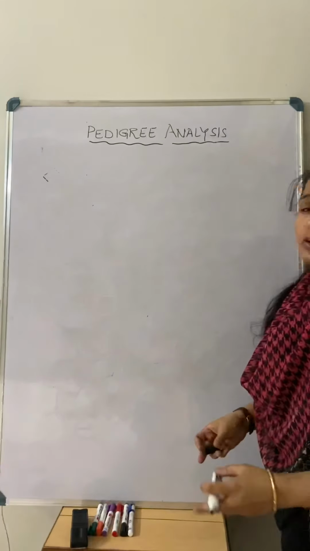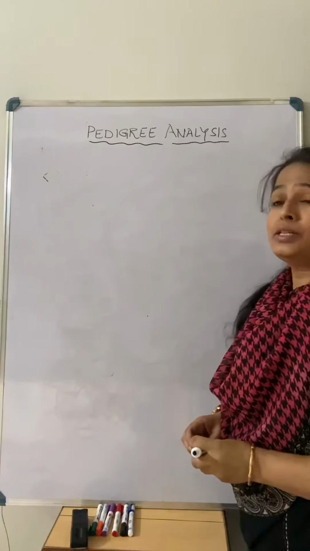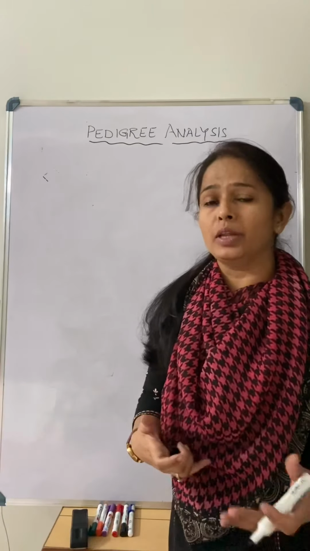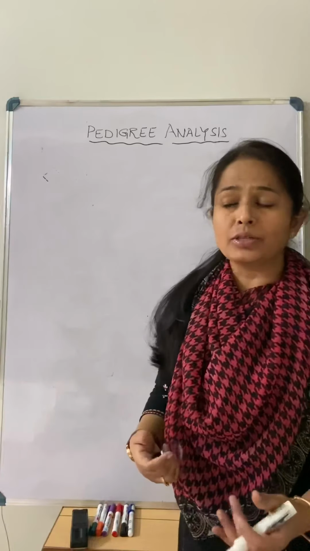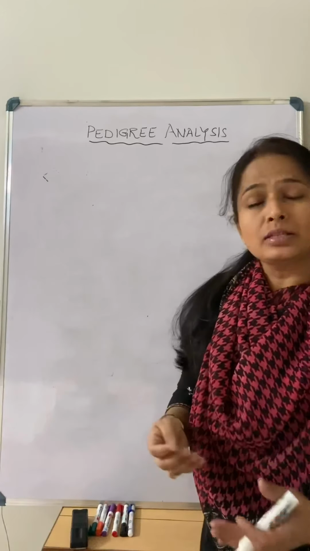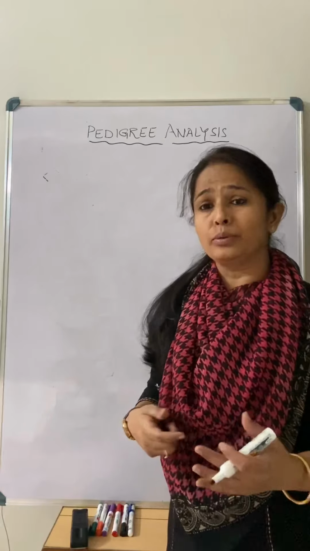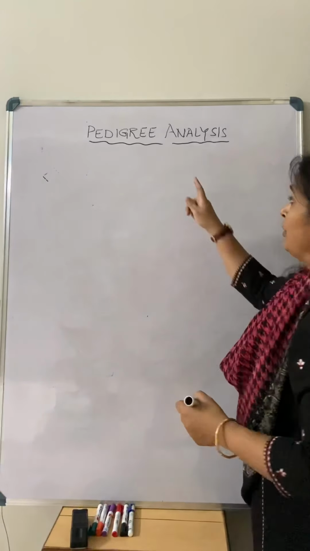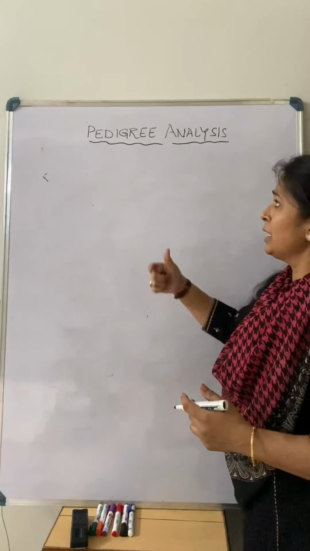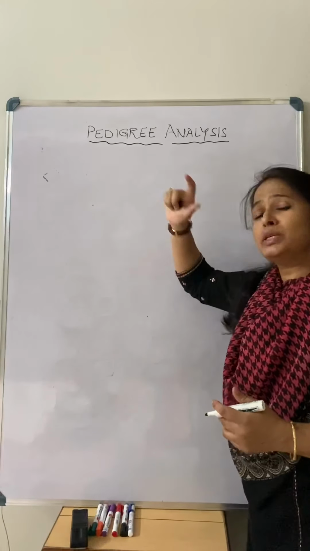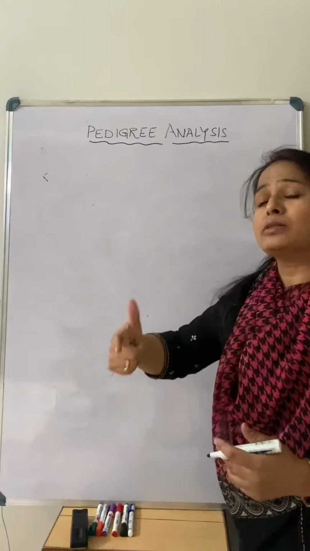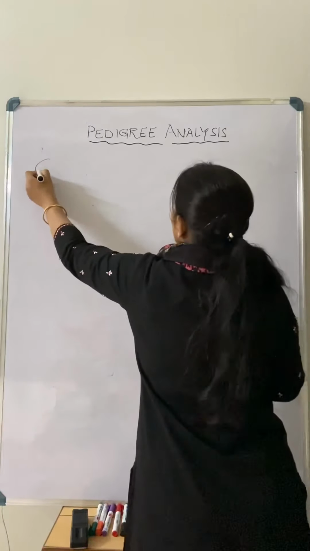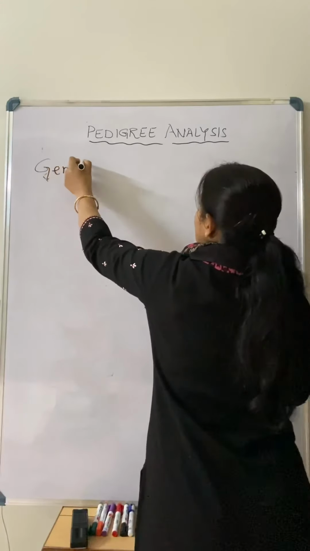In mutation, due to certain changes, maybe a point mutation or a chromosomal mutation, there are changes in the DNA sequence, and due to that certain abnormalities come in the coming generation. So when I talk about pedigree analysis, we are talking about the inheritance of a gene related to a particular disease. It means basically we are talking about genetic disorders.